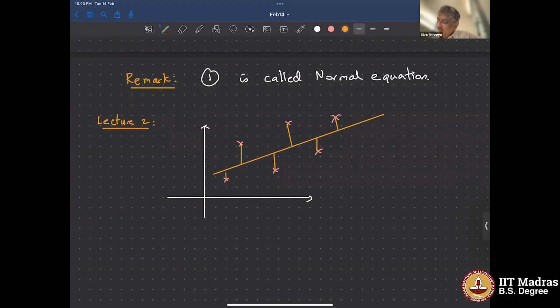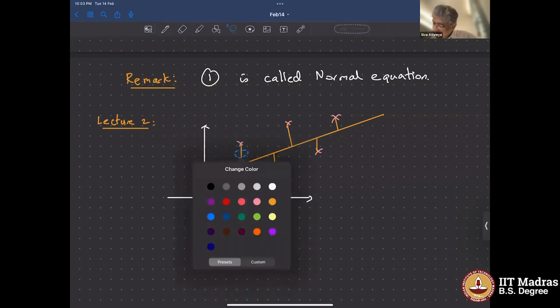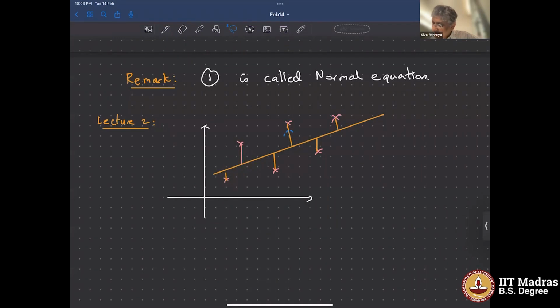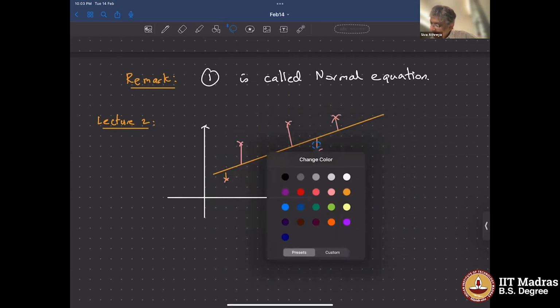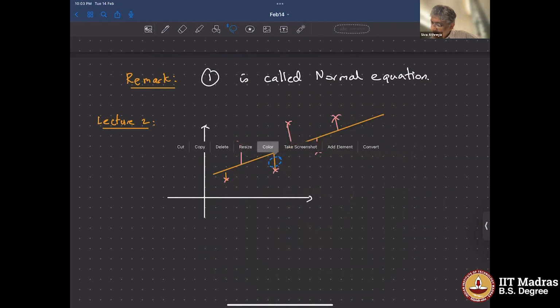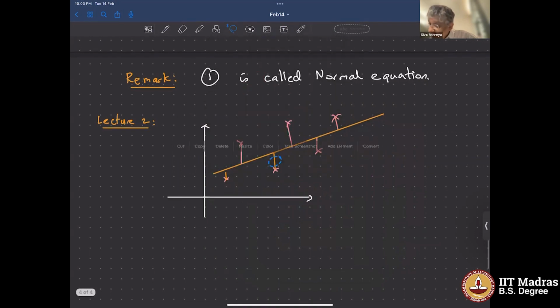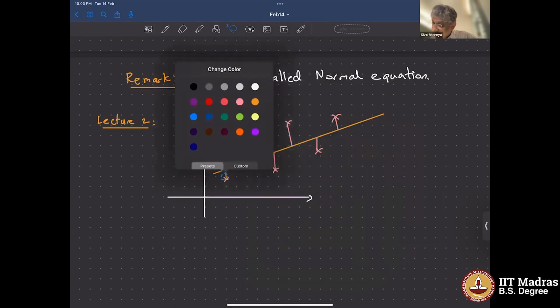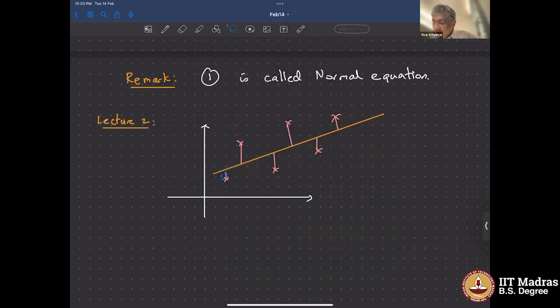Let's say I make the distances a different color, maybe pink. Then you should go and see how this is related to the linear model. Something you can try as an exercise: how is it related to the least square estimate? So this is what the lm function in R did.